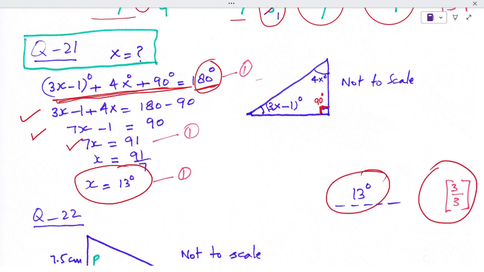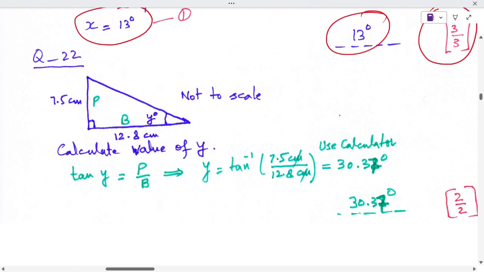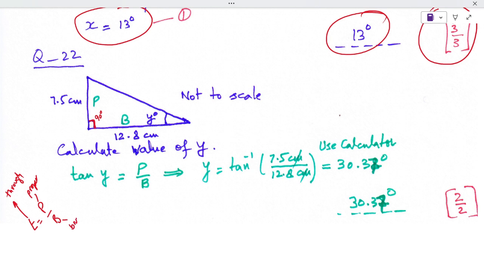Question number 22 again is about trigonometry. And I hope you remember the famous saying, some people have curly brown hair through proper brushing. And through proper brushing gives you tangent theta is equal to perpendicular over base. So I have written P for perpendicular and B for base in green color, and the perpendicular is always the opposite side to the required angle.